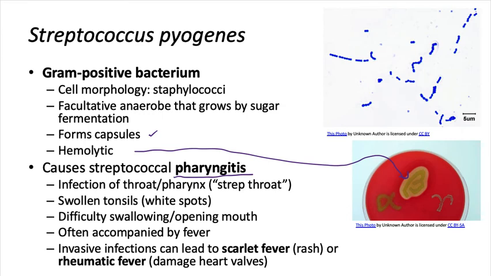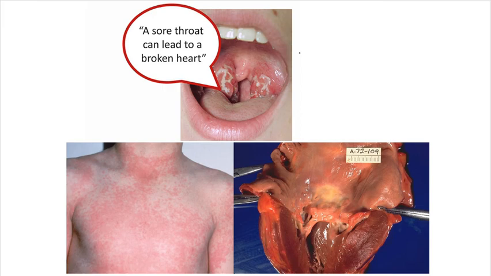And so this would then reach the circulatory system and be likely to become septic. And so complications of strep infections are more dangerous than the initial sore throat. So this right here is that scarlet fever, and here is an infected heart valve, which would be the rheumatic fever.